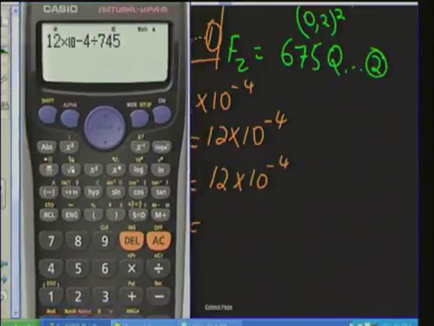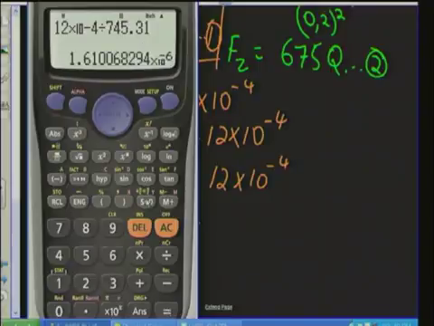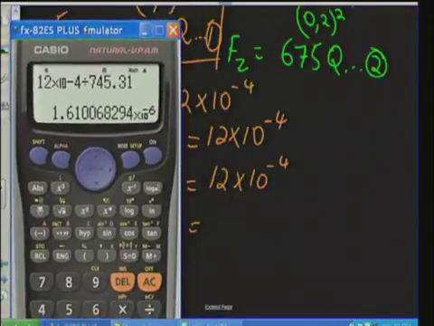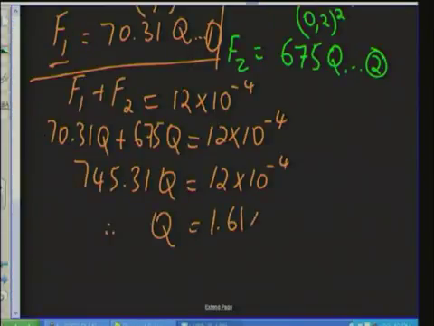And what do we have? That is 1.61 by 10 to the power minus 6 coulombs.